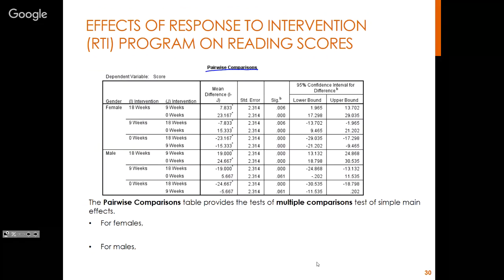So here, this is the simple main effect of intervention within female, and then the simple main effect of intervention within male. And that's where we get that lowest level of where are my differences, okay?